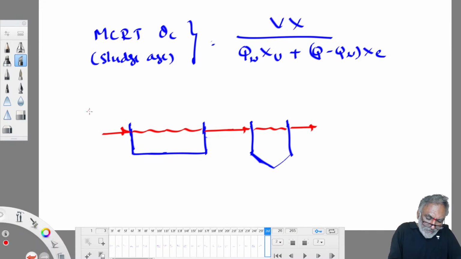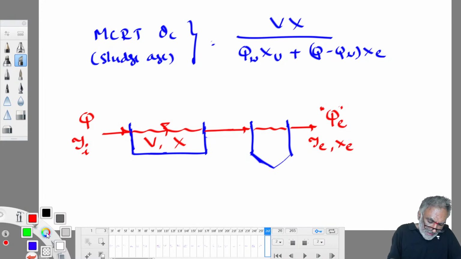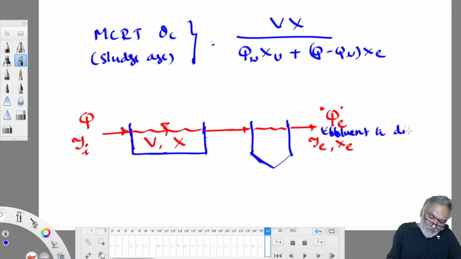So Q amount of wastewater with influent BOD Yi is applied into V volume of aeration tank, with concentration of microorganisms in the aeration tank X. Out of that, QE effluent is disposed of containing YE amount of BOD and XE amount of organisms. This effluent will go to disposal.